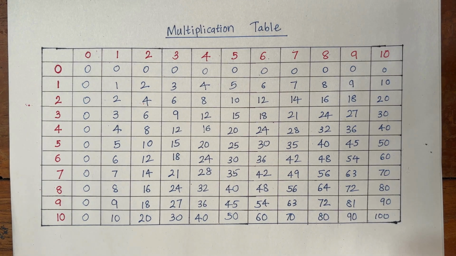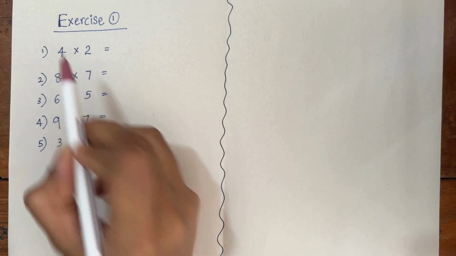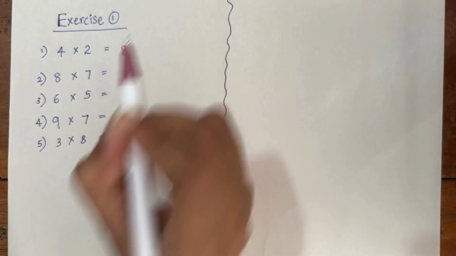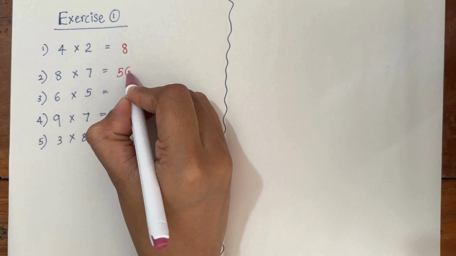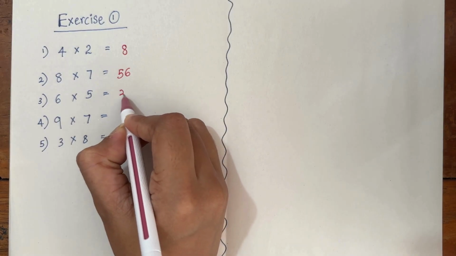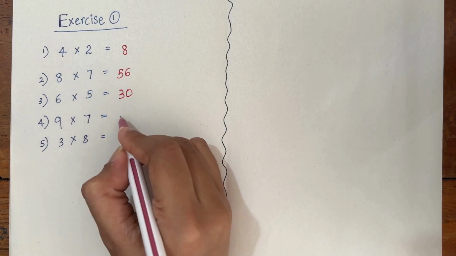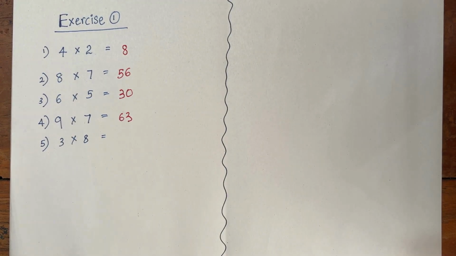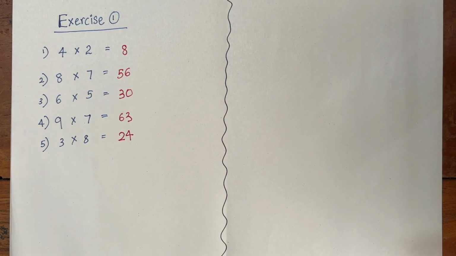Okay, now this is our first exercise. You should try them out first and then let's discuss. 2 times 4, 8. 7 times 8, 56. 5 times 6, 30. 7 times 9, 63. 8 times 3, 24.